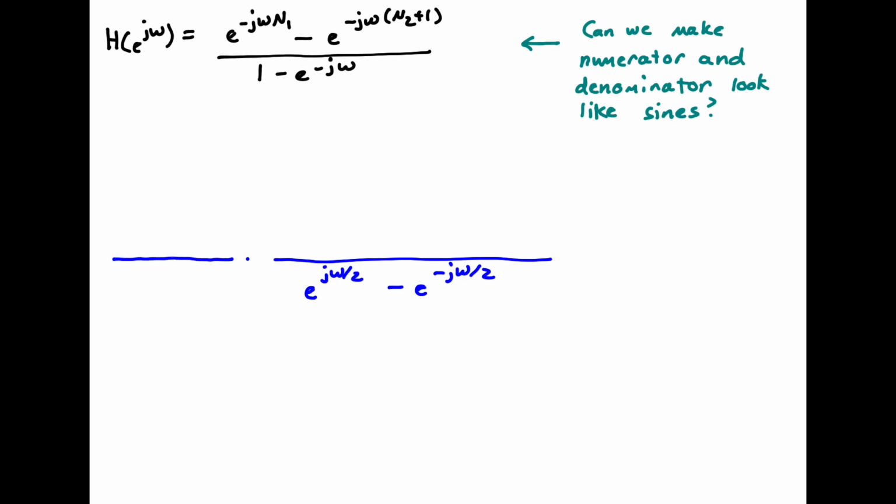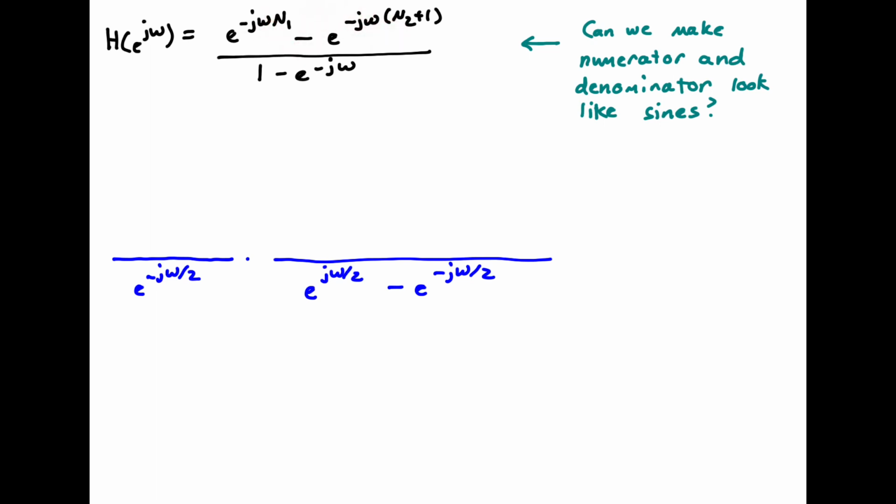But in order to get that, I have to pull out a term that's going to be e to the minus j omega over 2 in the denominator. If we multiply this back through, multiply this by this, I get 1. Multiply this by this, I get e to the minus j omega. So I haven't changed the overall denominator, I've just pulled this term out. And that's going to lead to something that looks very similar to the numerator of sine of omega over 2. And so I can do something similar in the top.